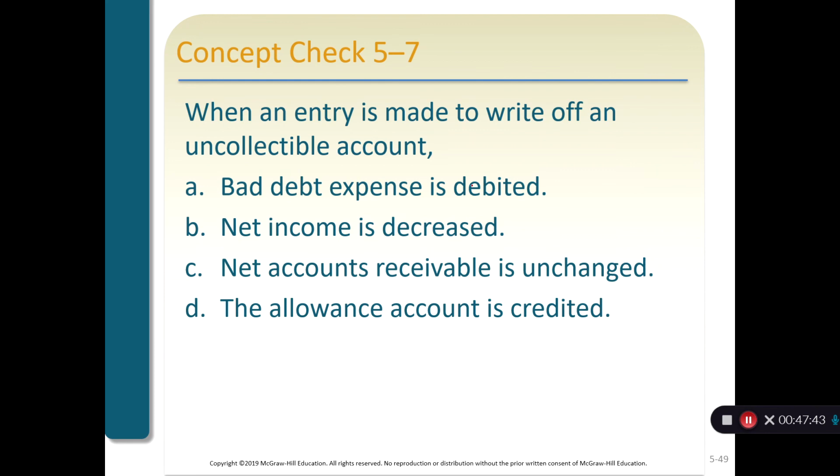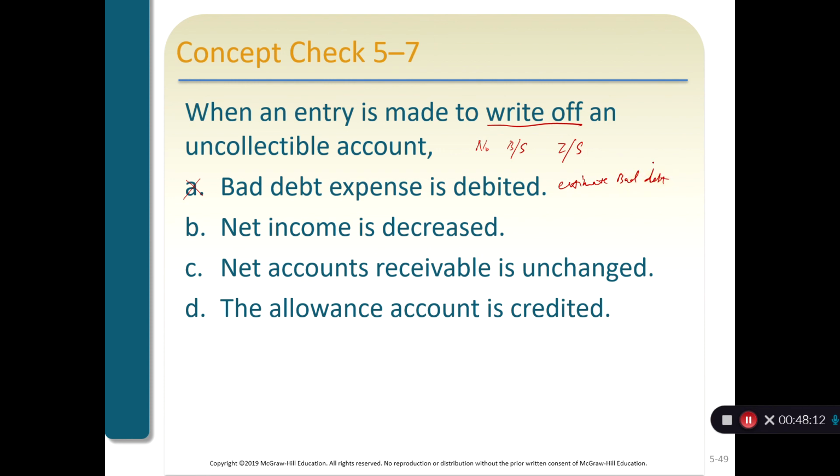Okay, let's do a concept check. When an entry is made to write off an uncollectible account, what happens? We know when we record a write-off, there's no balance sheet or income statement effect, right? Hence bad debt expense is definitely not debited at all. That happens when you estimate the bad debt, right?